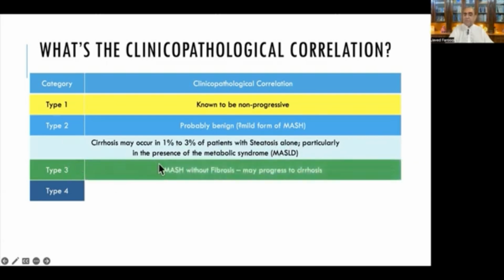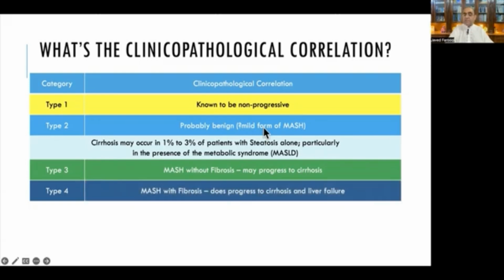Type 3, the MASH without fibrosis, may progress to cirrhosis. There are chances then this will progress to cirrhosis. In type 4, that is the MASH with fibrosis, it does progress. It does progress to cirrhosis and liver failure.